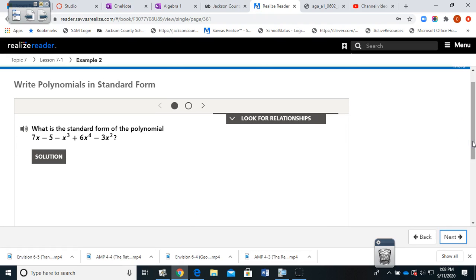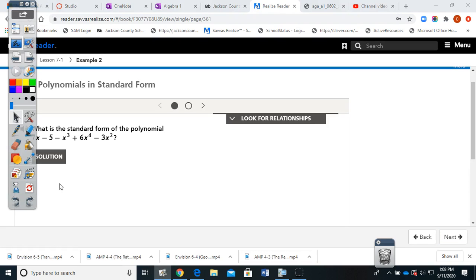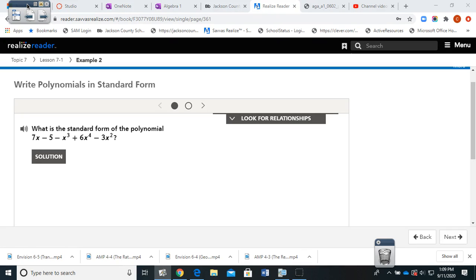Now, to write them in standard form. To write in standard form, it's very simple. You write them from the biggest degree down to the smallest degree. So, if you had one like this, first off, how many terms does it have? There's 5.